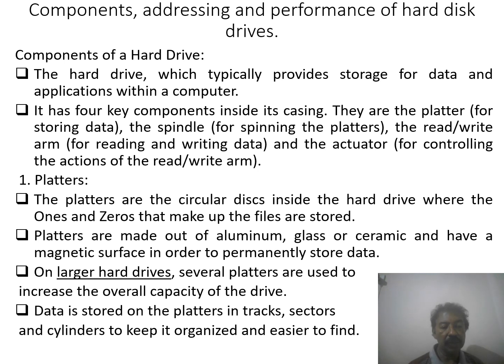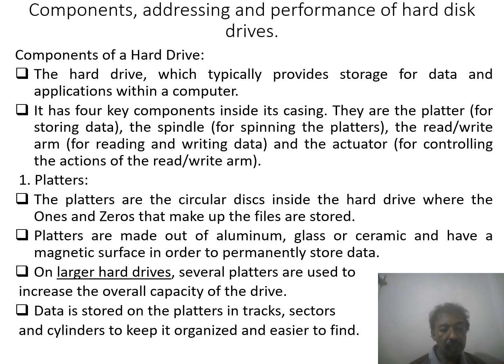First, platters. The platters are the circular discs inside the hard drive where the ones and zeros that make up the files are stored. Platters are made up of aluminum, glass, or ceramic, and have a magnetic surface in order to permanently store data.